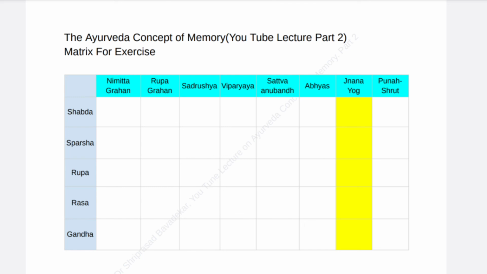And now you have to write down what you recall, that is Nimitta Shabda Smriti, Nimitta Sparsha Smriti, Sattvanubandhaja Shabda Smriti, Punashrutajanya Gandha Smriti. Everything in that matrix you have to complete. This is today's task. Now, pause this video or copy down the matrix. That is quite easy, no problem. It is just a 2D model, x and y axis. You have to complete it.